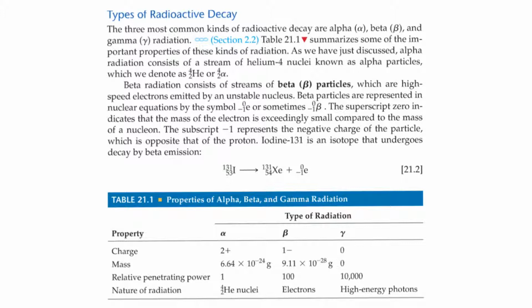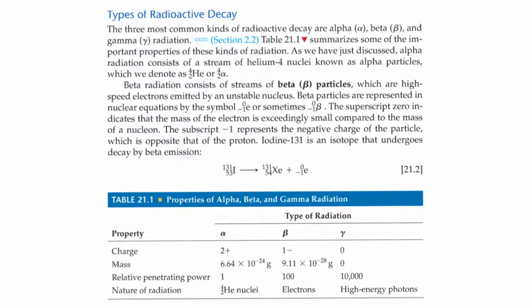The three most common kinds of radioactive decay are alpha, beta, and gamma radiation. Table 21.1 summarizes some of the important properties of these kinds of radiation. As we've just discussed, alpha radiation consists of a stream of helium-4 nuclei known as alpha particles, which we denote as helium-4 or alpha-4.